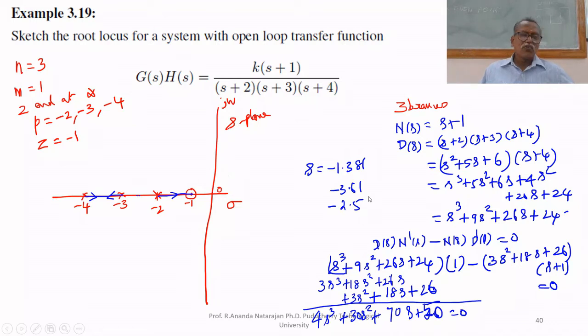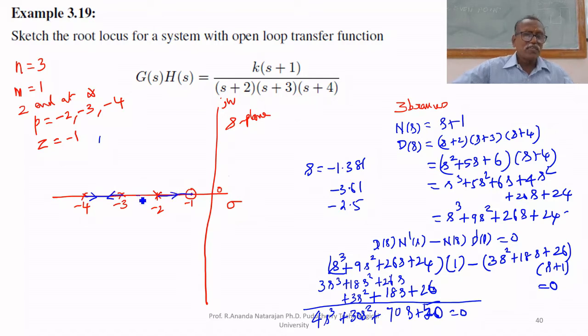Out of these three roots, which is the repeated root? Minus 1.381 is here. Whether it is a repeated root? No, it starts at minus 2 and ends at minus 1. It is not a repeated root.